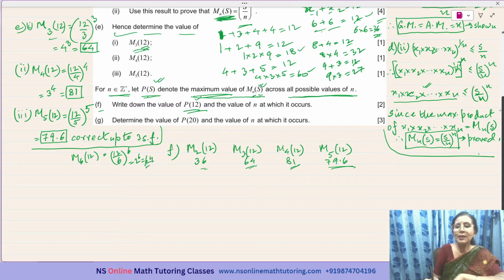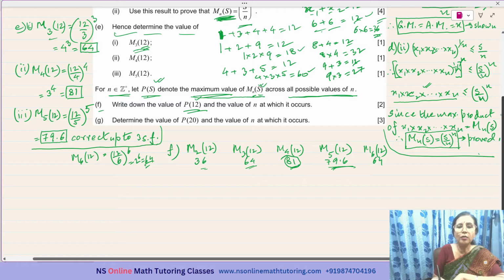Okay, which is less than 79.6. So you are seeing the peak value, the maximum value, is 81. Therefore, P of 12 will be equal to 81.